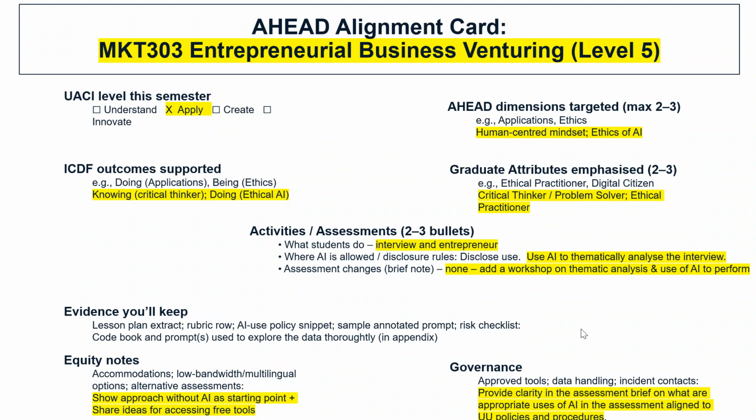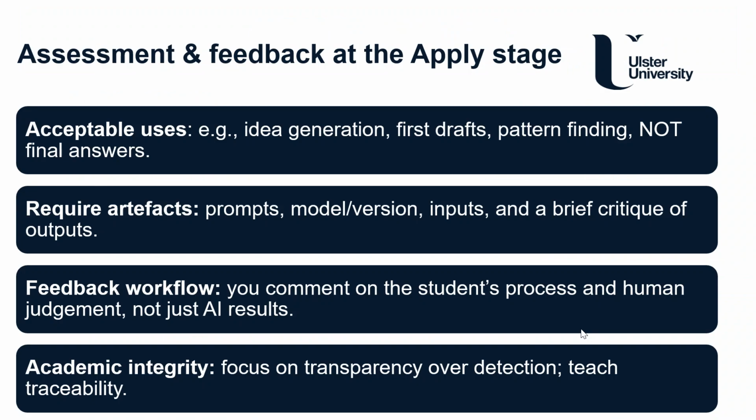They interview an entrepreneur for that task. That's an activity, an assessment task. So we can see the ICDF outcomes that links to, the graduate attributes it informs, and also they would keep a code book and the prompts used from the process. So that is a way that you can then start to think about your task.